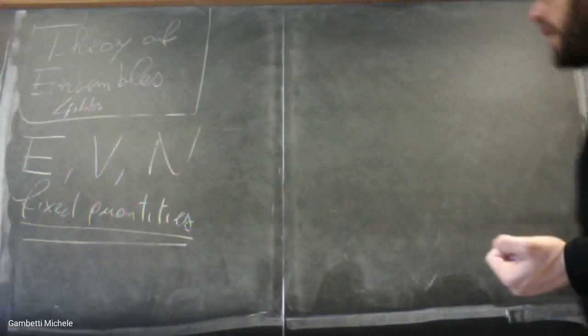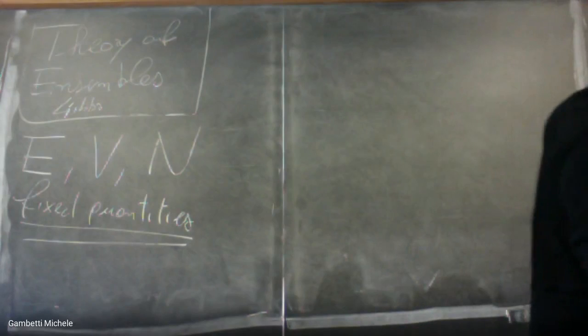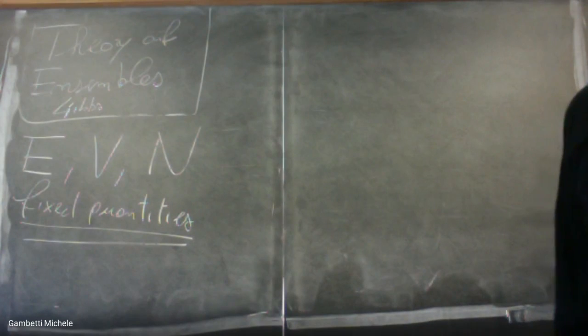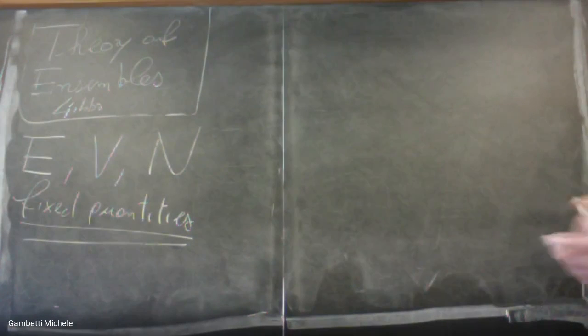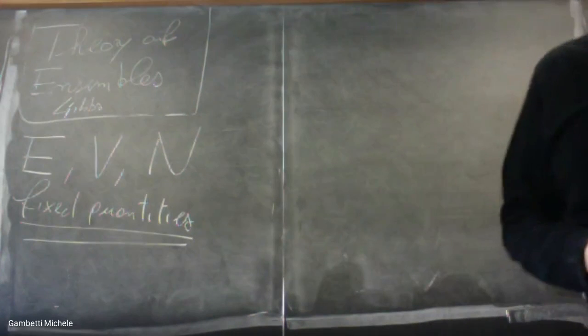So the total energy of the system, the number of particles, and the volume are fixed. We will introduce other ensembles in which the energy is not fixed first, and then also the number of particles is not fixed. Okay? But for our initial situation, we will consider these quantities to be fixed.